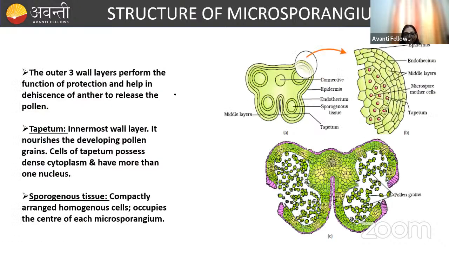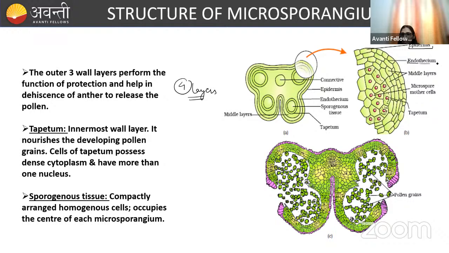Moving next is the microsporangium. The anther wall consists of 4 layers. Let me draw it here. First one is the epidermis.